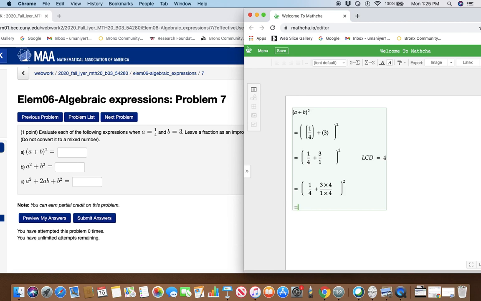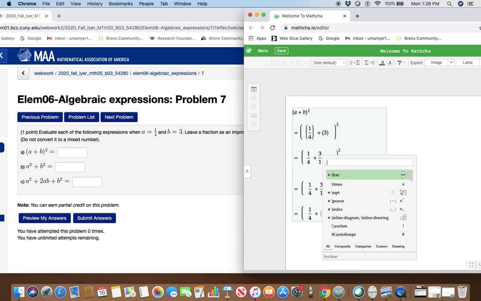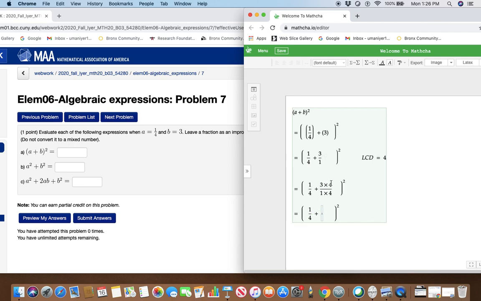So if you notice, this is the same parenthesis power 2 as before, but inside, one you have a fraction 1/4 plus the other you have a fraction 12/4. Okay, so this brings me to common denominator of 4. Numerator is 1 plus 12. Okay, at this point we are done with this.